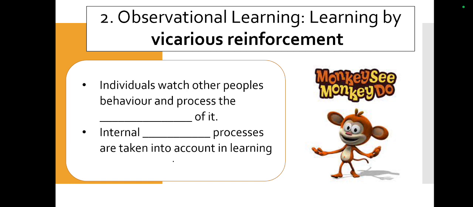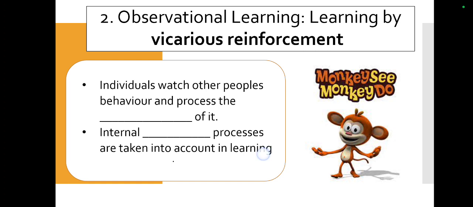So if you think of the most simple and straightforward things that you learnt to do as a child, for example, eating, tying your shoelaces, how to get dressed, how to go to the toilet, how to bathe, all of those simple things all came from seeing somebody else do them first. And that's what we call vicarious reinforcement. So individuals watch other people's behaviour, and this happens all the way through a lifespan, not just in childhood. We're constantly learning from watching others.